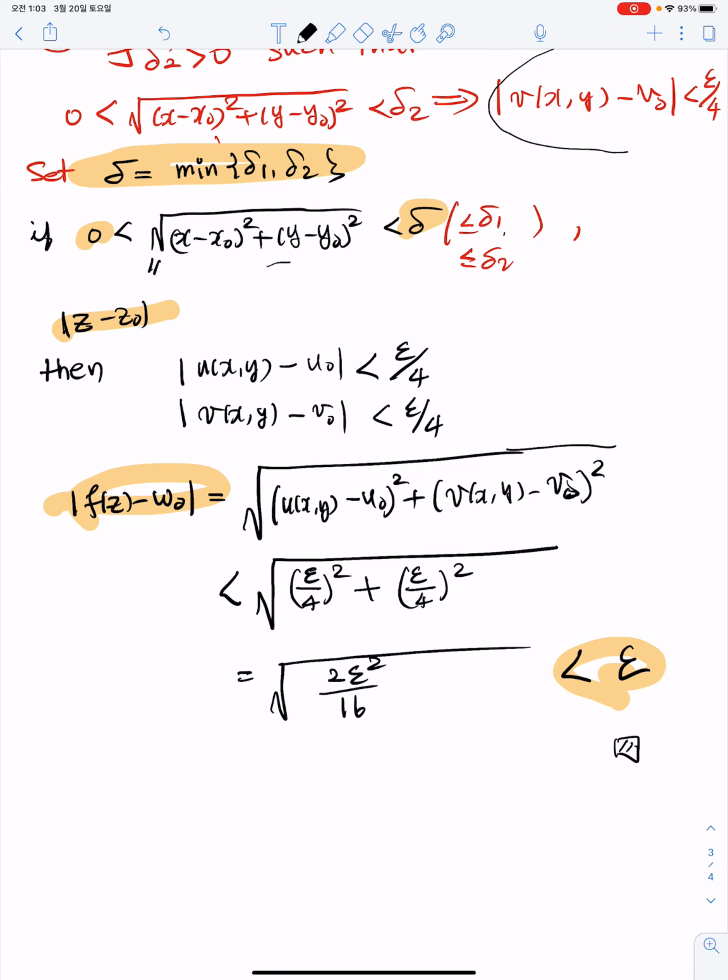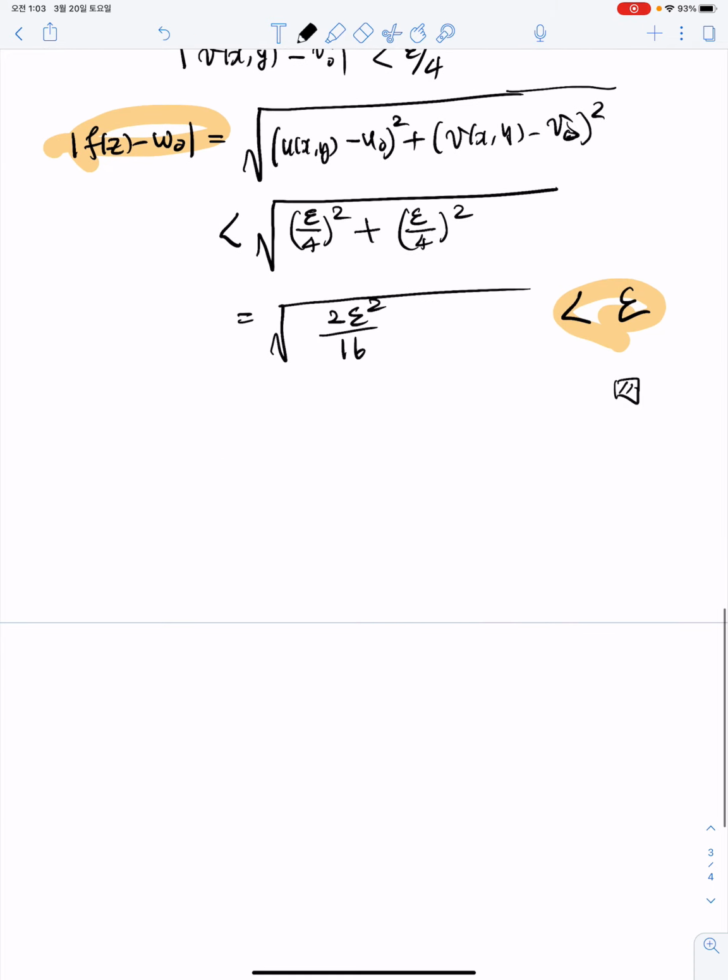And then you can also prove the properties.